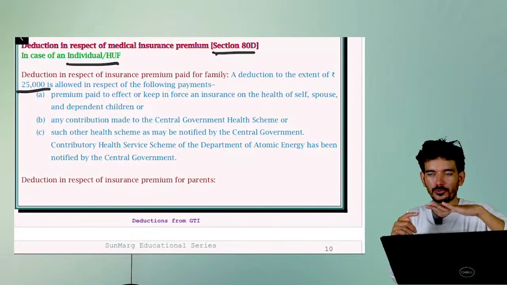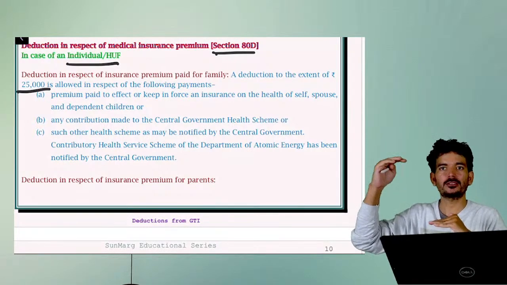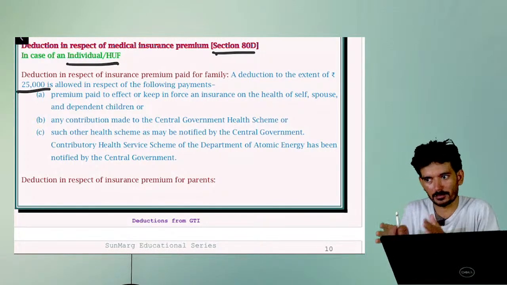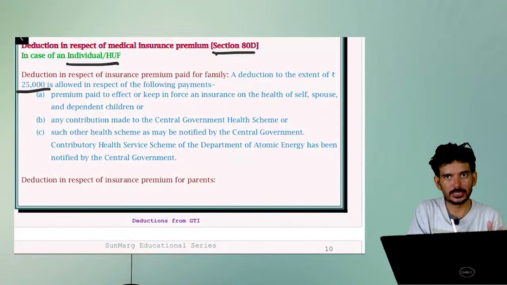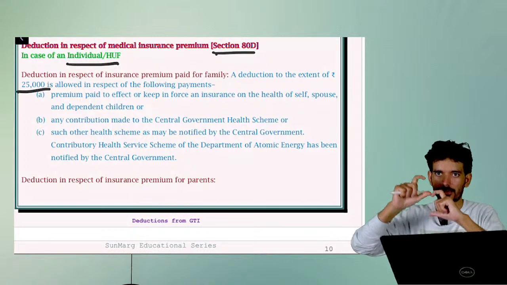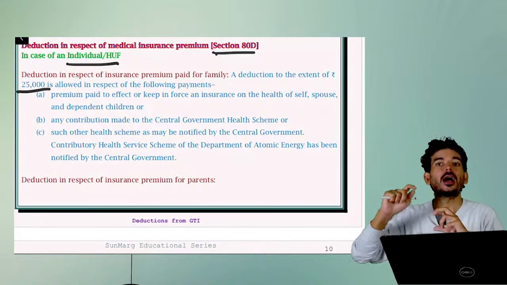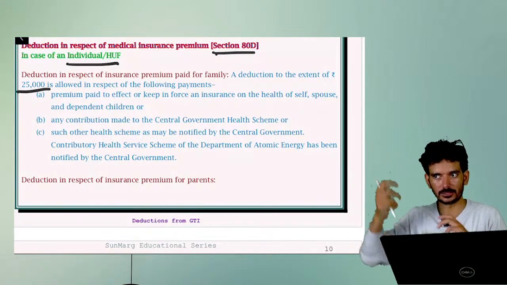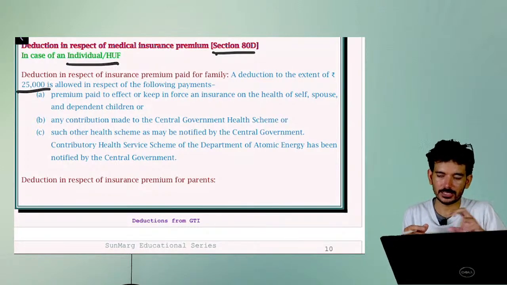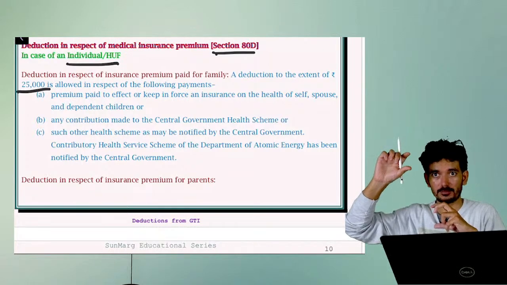So 25,000 for me, spouse and kids, and 25,000 for parents, assuming they are not senior citizens. If my parents are senior citizens, it is 25,000 for my bracket and 50,000 for my parents.